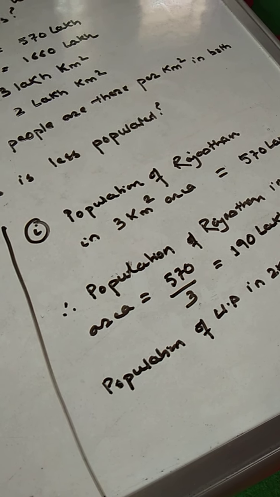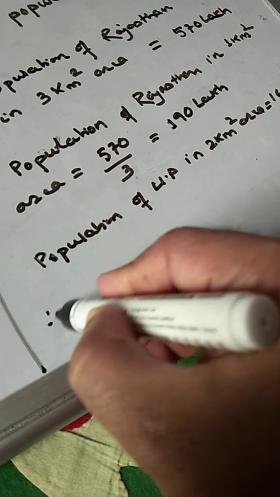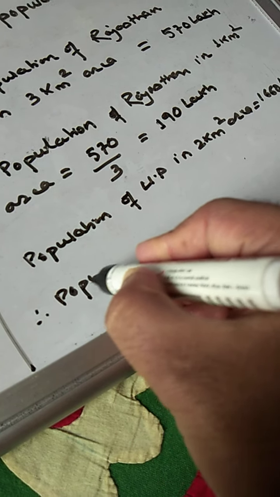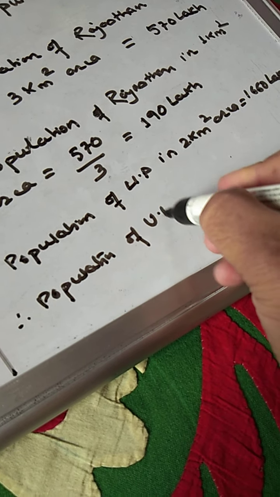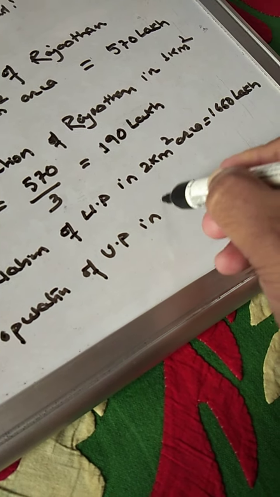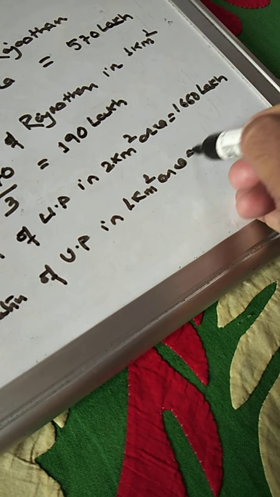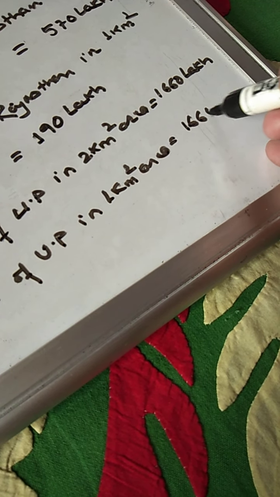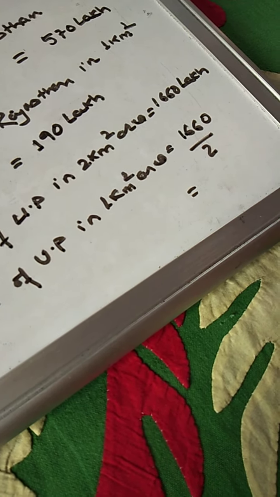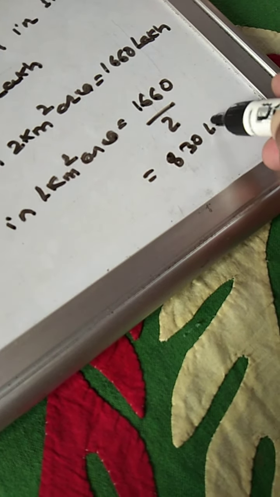We have to find out population of UP in 1 kilometer square. So therefore population of UP in 1 kilometer square area would be what? Obviously it would be less. So 1660 divided by 2. So what would be the answer? Answer would be 830 lakh.